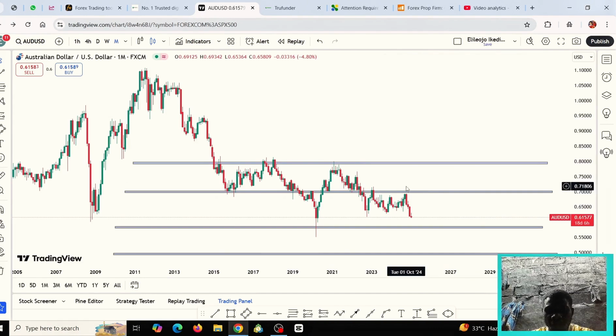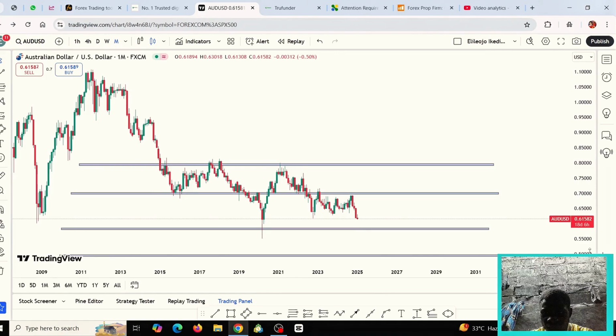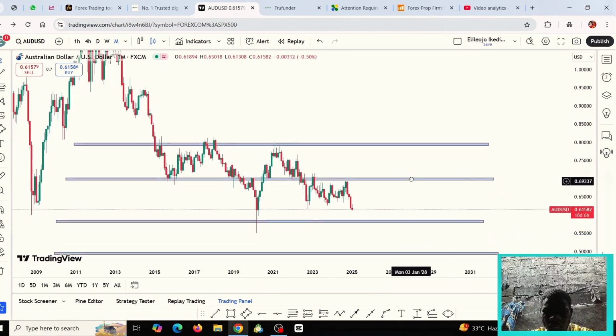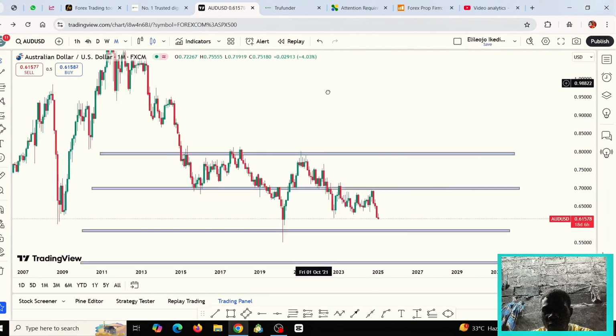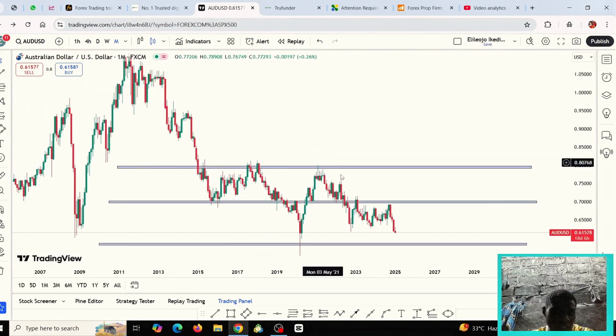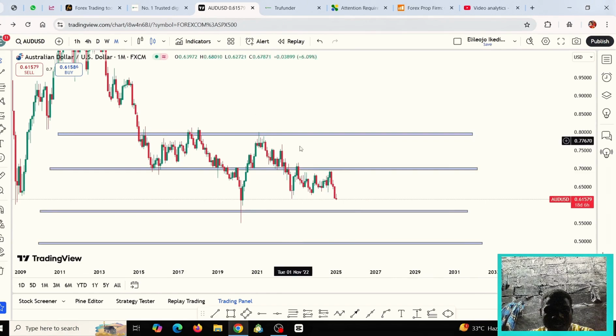Okay. Now, if you also take a look at AUD, you realize that we can also draw an inner trend line. Remember, we drew our first trend line, which was the outer trend line, and our second trend line, which was the inner trend line. We can also draw an inner trend line in AUD.